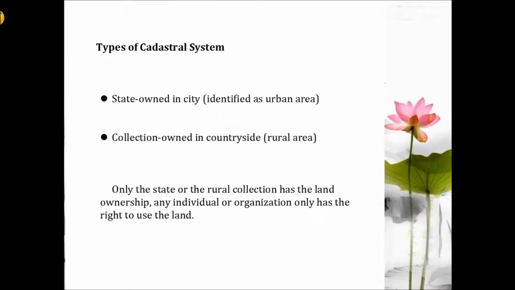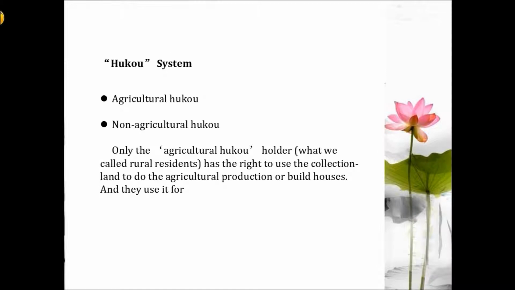The Chinese people call it the hukou system. The hukou system divided the population in China into two parts. The first part is agricultural hukou, and the second part, people who hold the non-agricultural hukou.